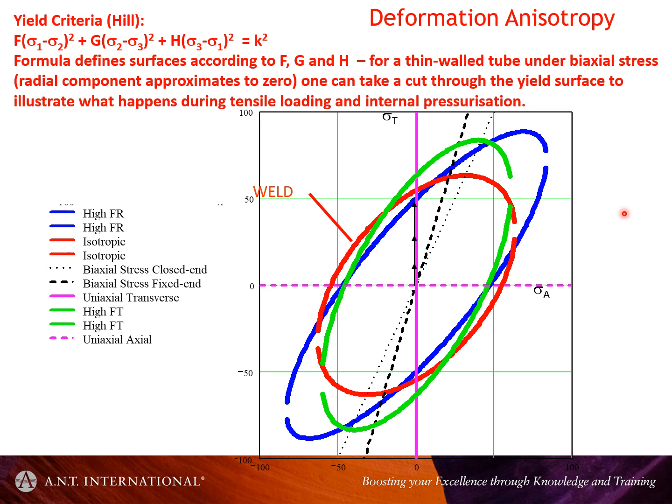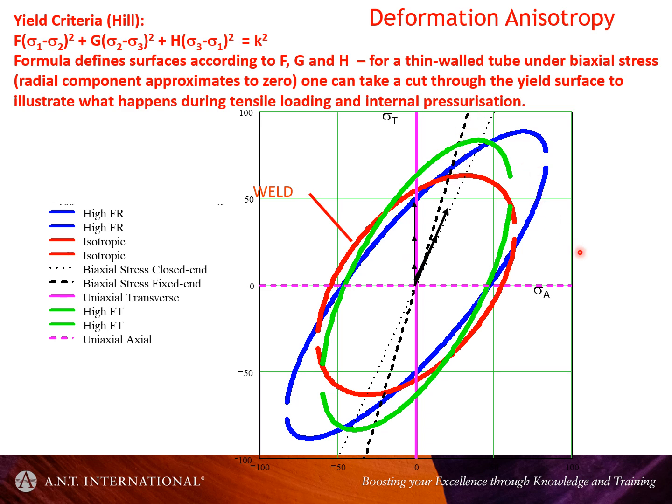However, if we have a biaxial stress state, and in this case, let's consider a closed-end biaxial stress state, not necessarily a fixed end, although the fixed end is what the test was, but they're both very similar.